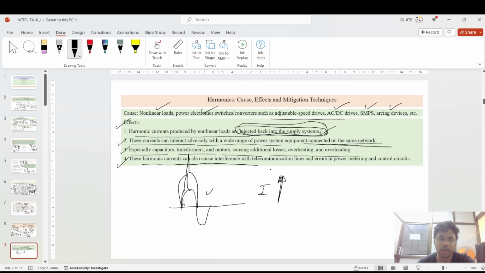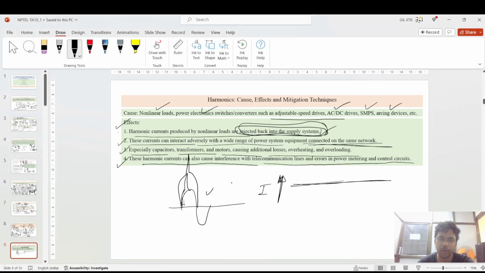And the fourth, this harmonic current can also cause interference with the telecommunication line and errors in power metering and controls. You already remember the transposition technique which we do in transmission lines. Suppose you have a system which is not transposed, then the flux induced between the two wires can differ because of the proximity effect and the Faraday effect.